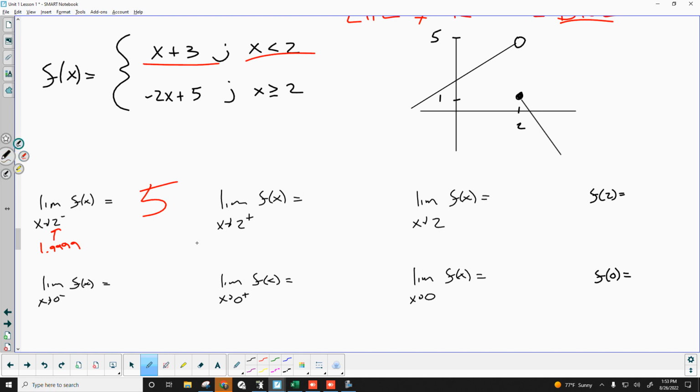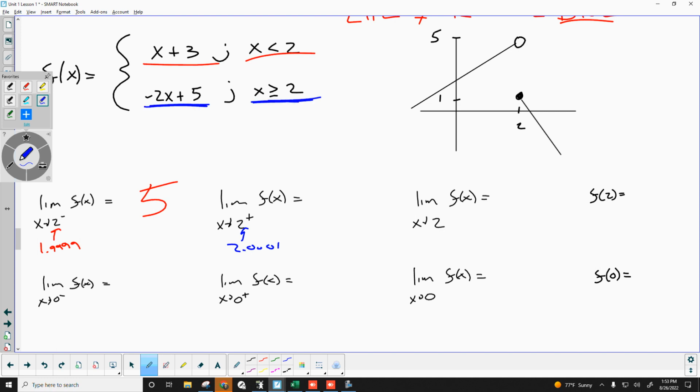If I plug in something a little bit bigger than 2, like 2.001, I'm plugging it into this piece for values that are bigger. It's essentially like plugging in 2: I get negative 4 plus 5, which is 1.